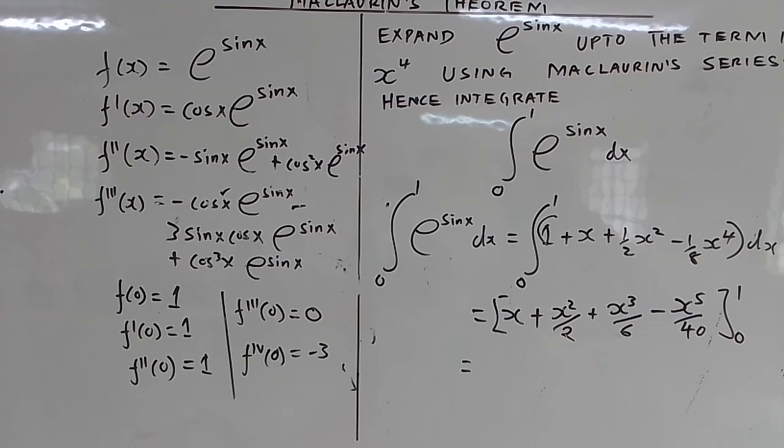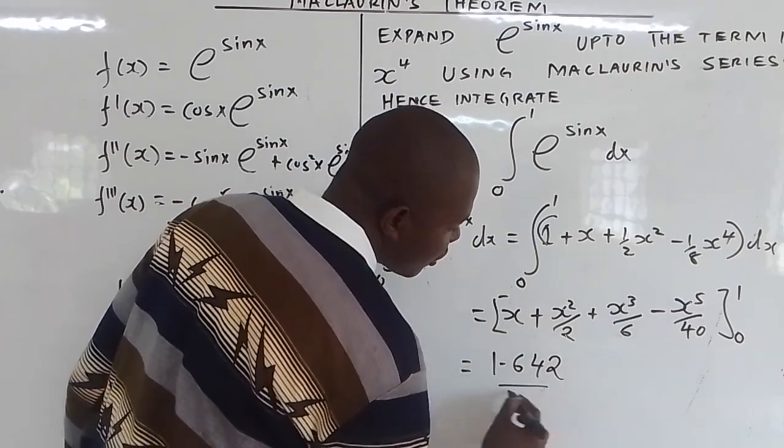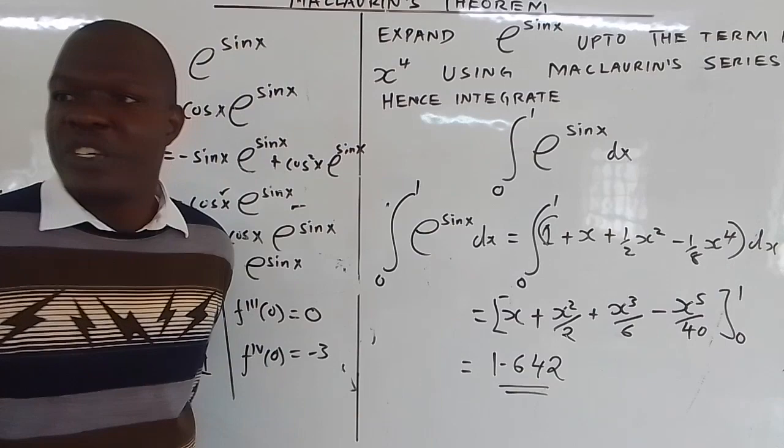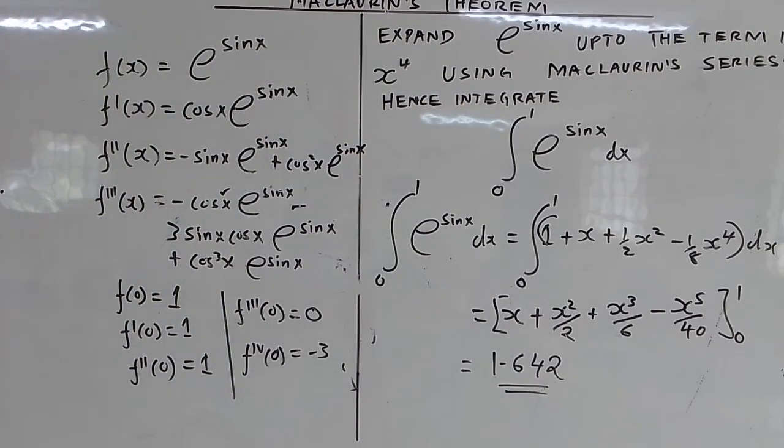We have 1.642, minus 0, because at the lower limit everything will be 0. So your answer is 1.642, and you have evaluated that particular integral using the Maclaurin series.